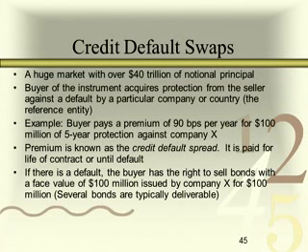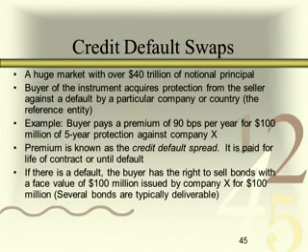And it's paid for the life of the contract or until the default occurs, the event occurs. If there is a default, the buyer has the right to sell bonds with a face value of $100 million issued by Company X for $100 million.